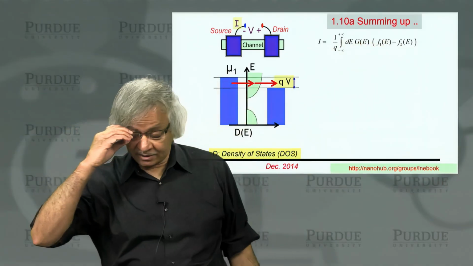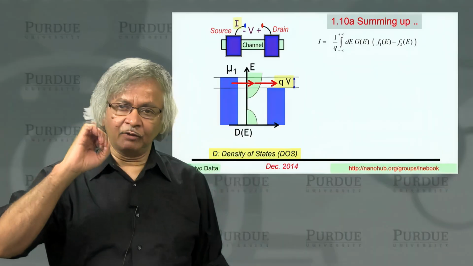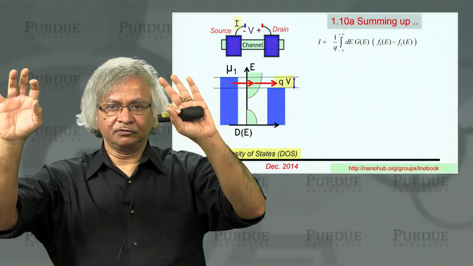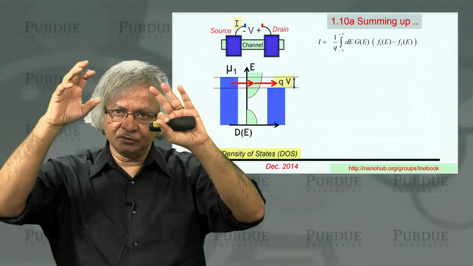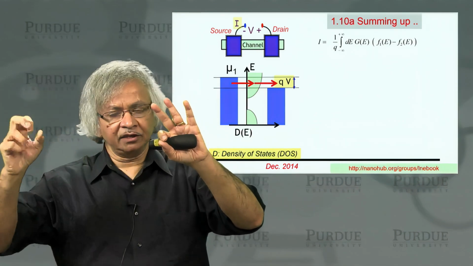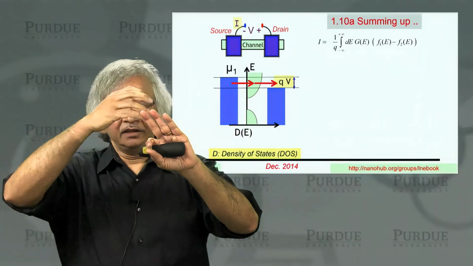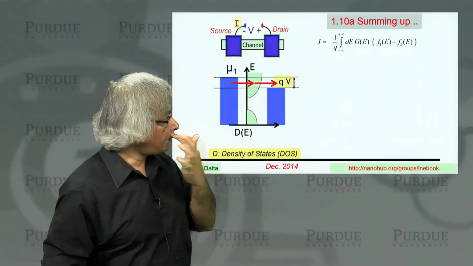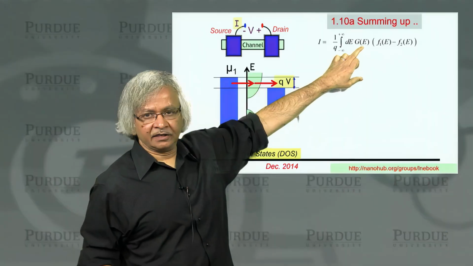Because, as we discussed, the essential point why current flows is because f1 is different from f2. So one contact tries to bring it into equilibrium with f1, another contact tries to bring it into equilibrium with f2. And in the process, electrons keep coming in and going out. So that's the current through a given energy.